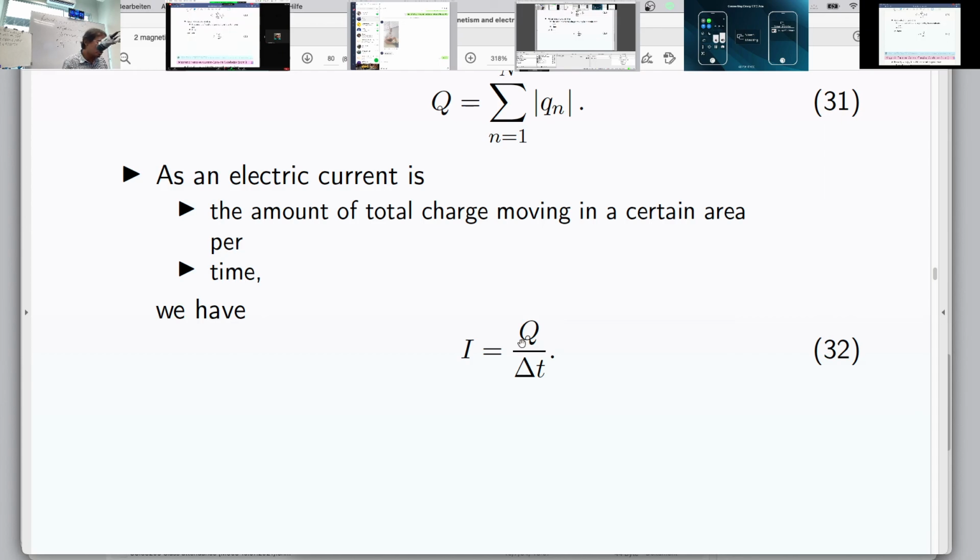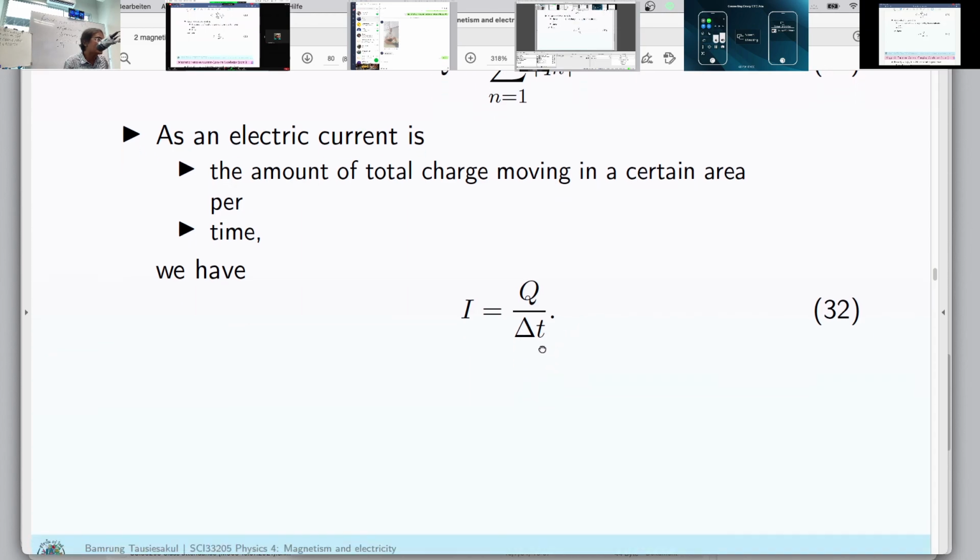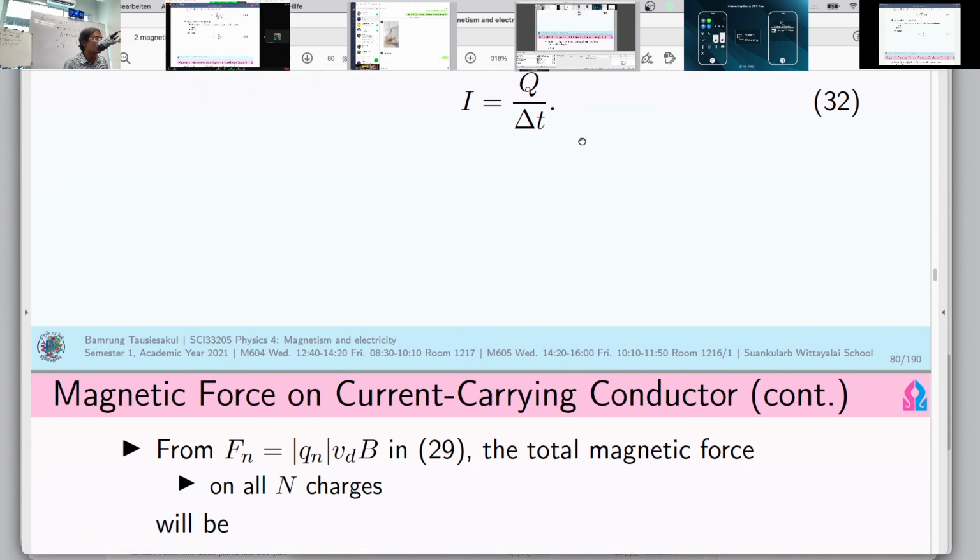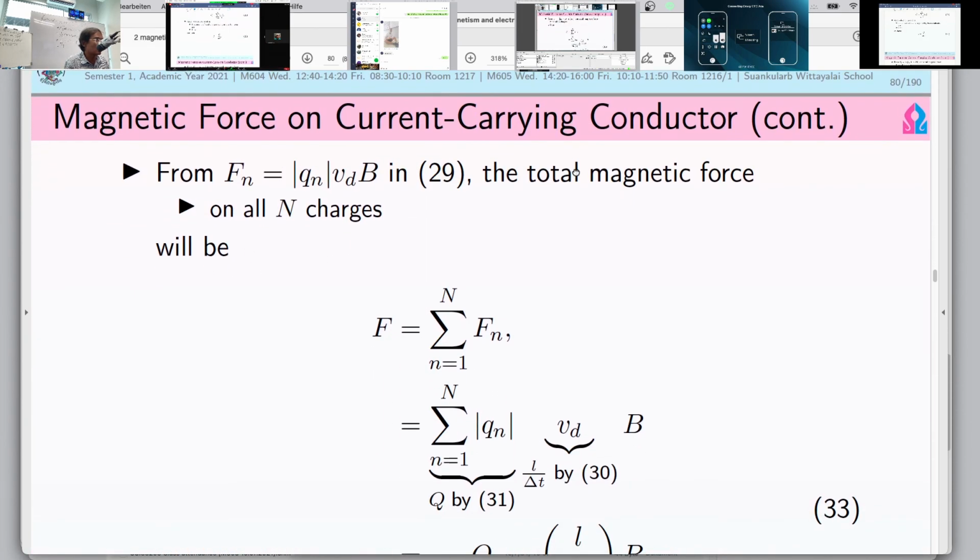So the total charge movement is variable Q, and the observation time from the starting point to the final line is large delta T, the variable delta T. So that's why delta T appears here at the denominator position. That's a typical ratio from the current formula.